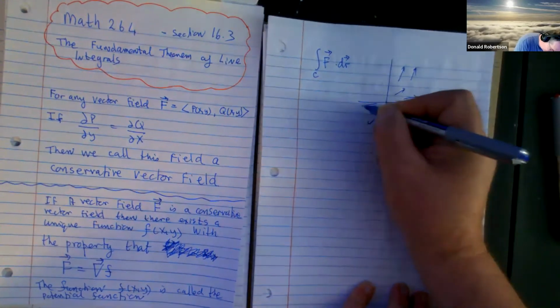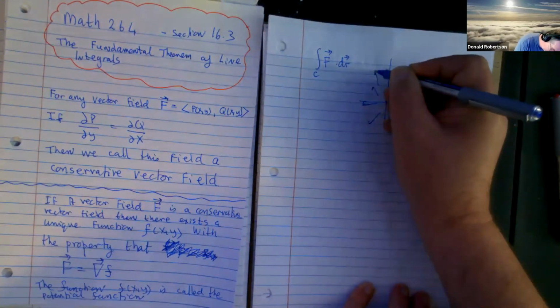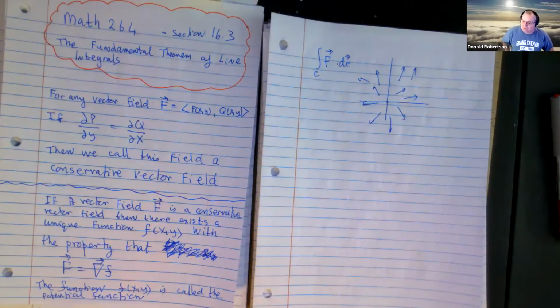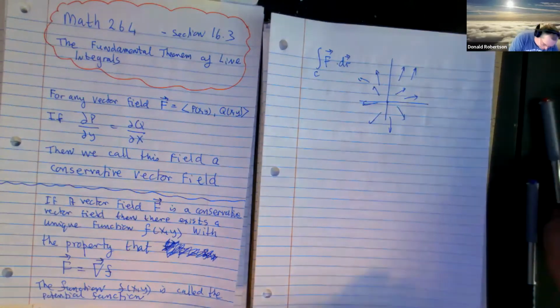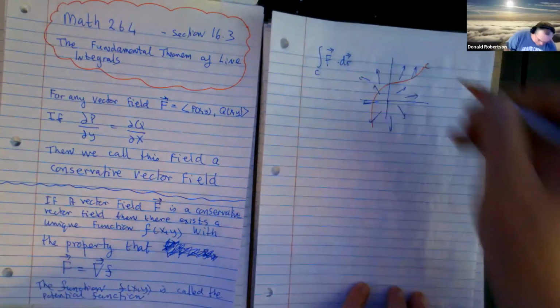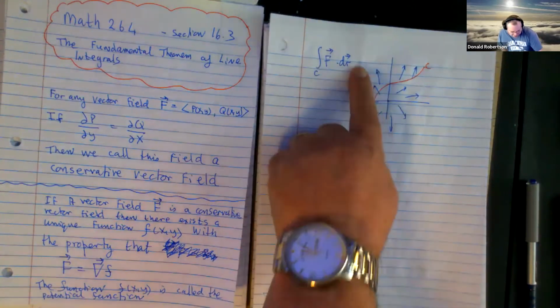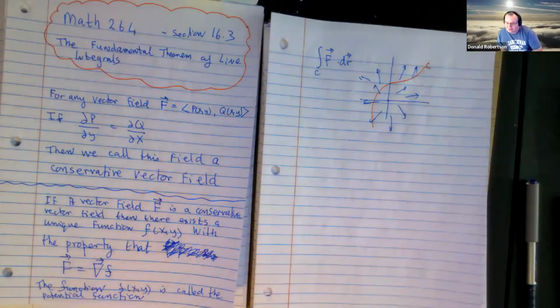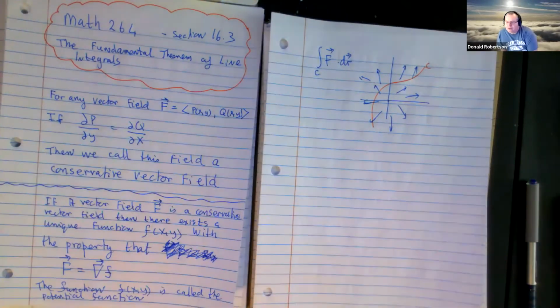But can you imagine we've got maybe an explosive vector field, where everything's shooting away from the origin, right? And then you're going to have a curve C passing through this vector field. And the line integral is essentially finding the work done as you travel through it. So that's the type of question that we're going to be using the fundamental theorem of line integrals to solve.